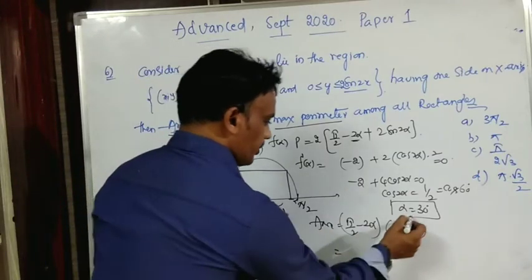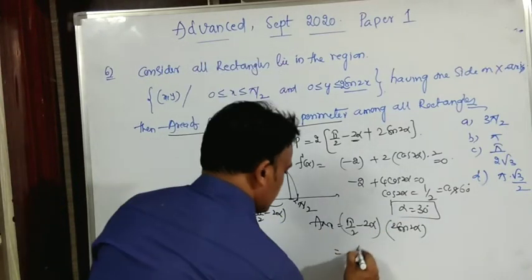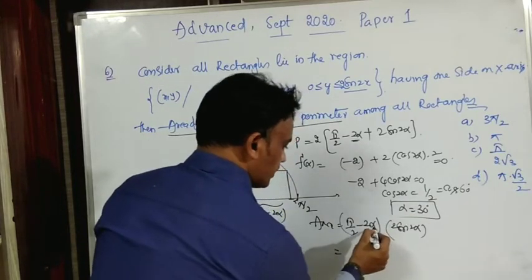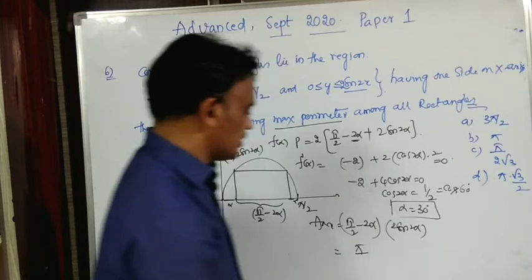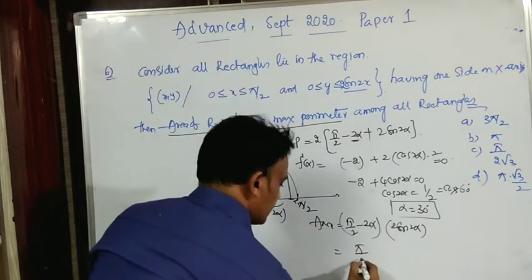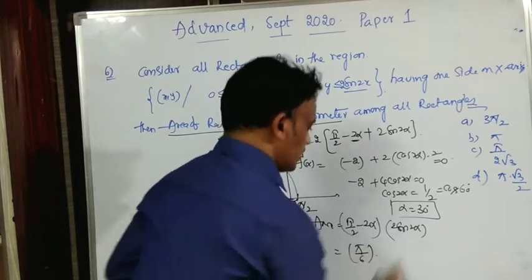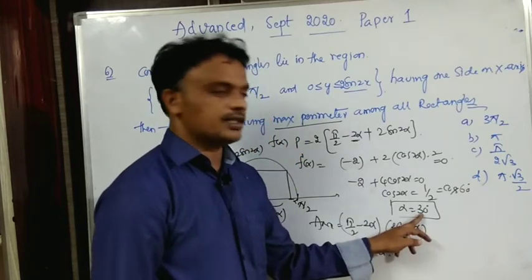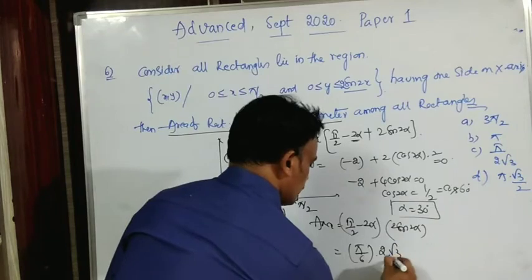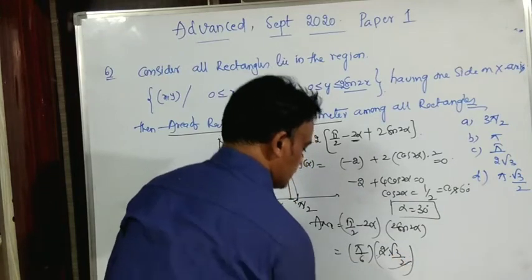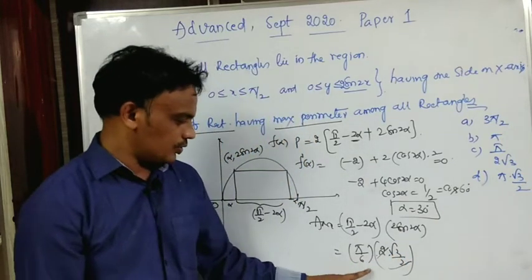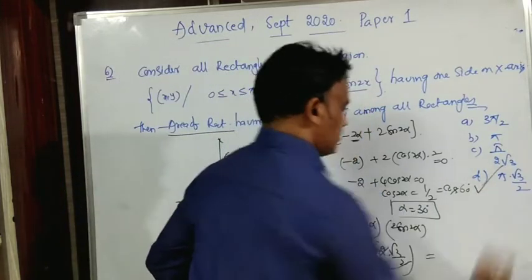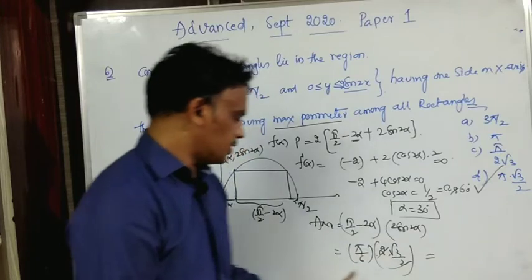So pi by 2 minus 2 alpha: 2 times 30 is 60, 90 minus 60 is 30, it is pi by 6, into 2 sin 2 alpha. It is 2 into sin 60, root 3 by 2. Get cancelled. So what is your answer? It is pi root 3 by 2.